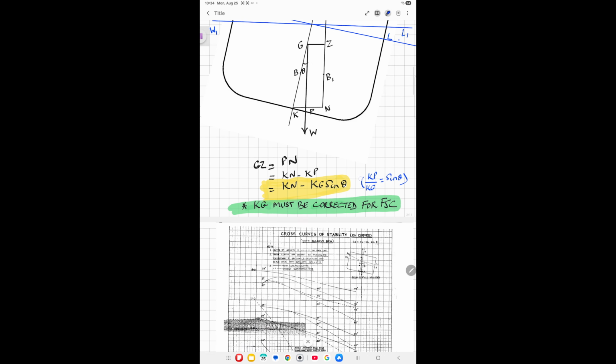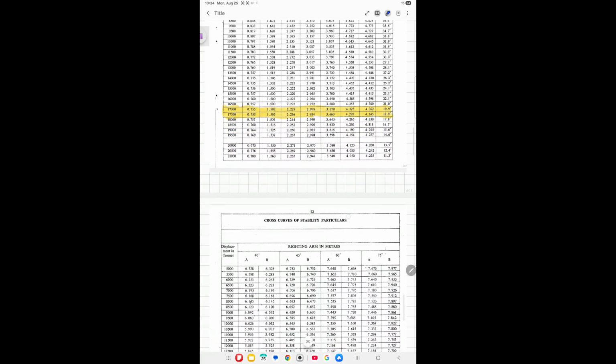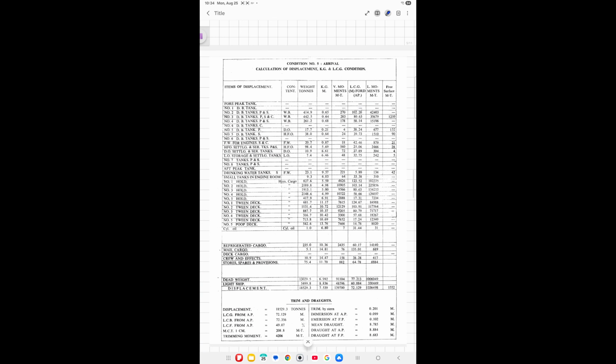I show you again the condition number 5. So here, first we discharge number 1 twin deck, 400 tons from here, and KG was 11.17. Then number 3 twin deck, we discharge 500 tons, KG was 10.37.